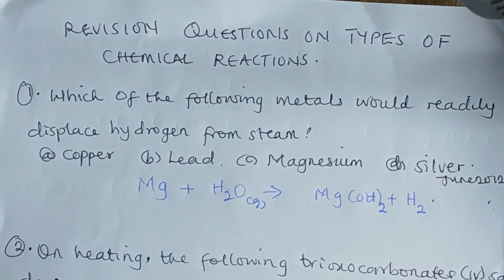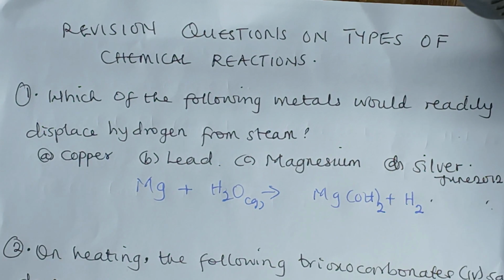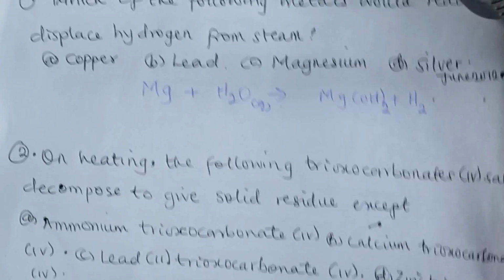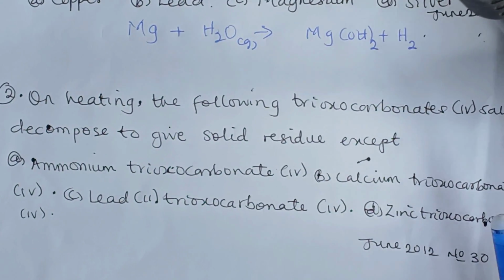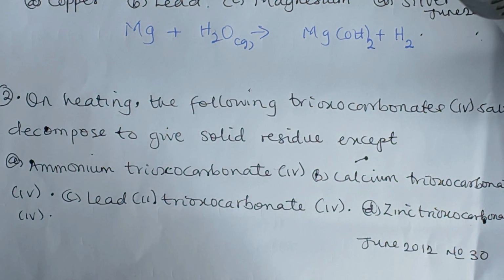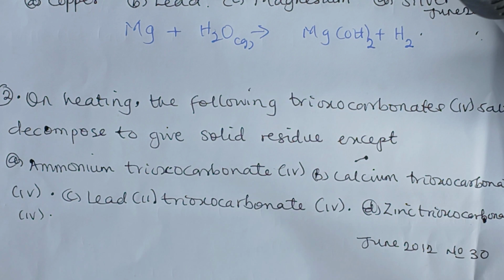Now, the next question is, on heating the following trioxocarbonate(IV) salts, which decompose to give a solid residue, except? I described this in the previous class: different trioxocarbonates decompose under decomposition reaction to give different products.